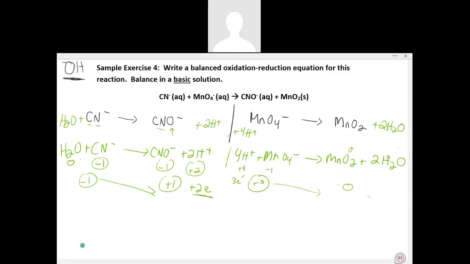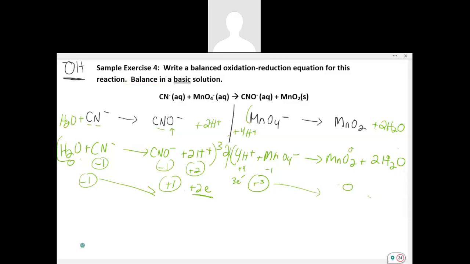All right, so it looks like we're going to have to multiply by 2 or 3, depending on how many electrons we need to end up with. We need to end up with 6 for both of these equations. So I'm going to multiply this one here by 2, and then this equation here by 3.